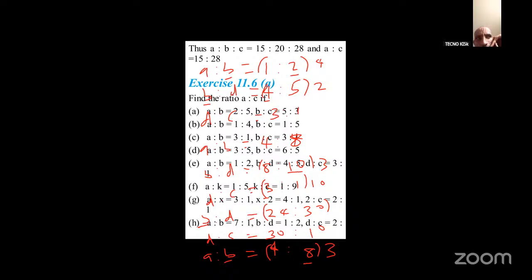To retain this value of B to be 24, which number can we multiply? Yes, 1. So on the lower side we multiply by 3, but on the upper side, for the one which has B, we multiply by 1. Therefore B ratio D will be equal to 24 ratio 30.